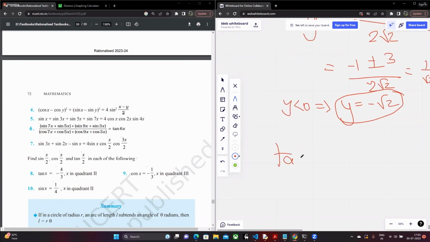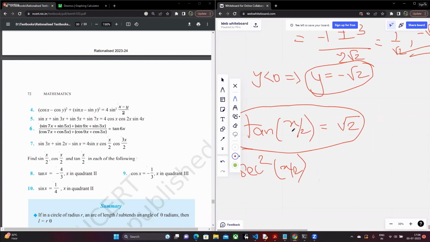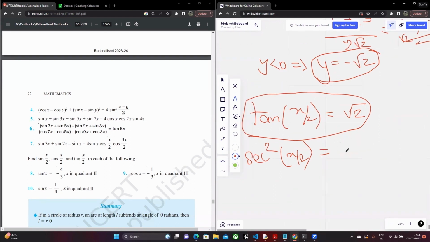So you have the fact that tan of x by 2 is going to be minus root 2, which means that secant squared x by 2 is going to be 1 plus tan squared, that is 3.